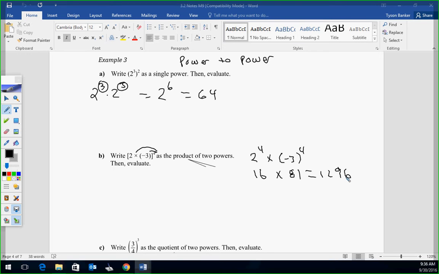If we go ahead and multiply them now, that's 2 times a negative 3, right? What's that? Negative 6. And then we take the negative 6 to the 4th, which is also 1296. So in this case, you can do either or. It's showing, and the reason is because multiplication is interchangeable. Is everybody good with that?